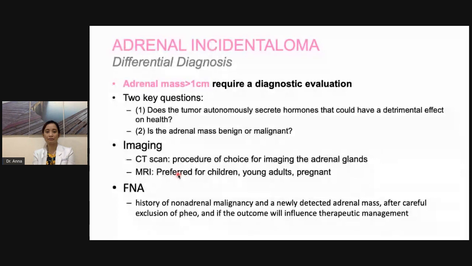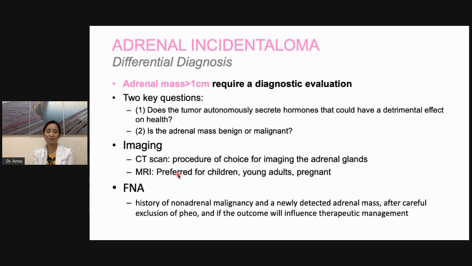So if you have an adrenal mass more than 1 cm, it's very important to proceed with a diagnostic evaluation. If it's less than 1 cm, and the patient is otherwise asymptomatic, you may just observe that mass, no? And just follow them up, no? After 6 or 12 months, depending on the patient's symptomatology.